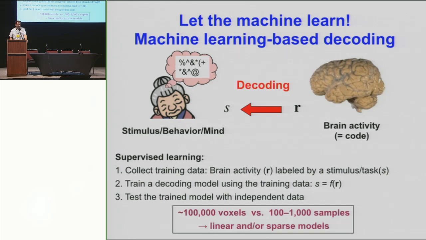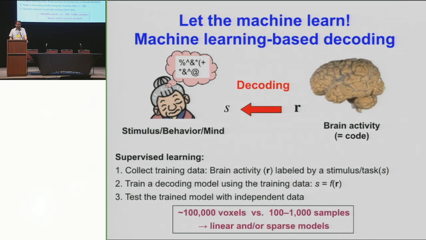The first step is to collect training data for machine learning. We have brain activity patterns as input, and the output is the stimulus or task parameter. So we label brain activity by some stimulus or task parameter. Even with the identical experimental task, we can have different ways of labeling it, and that makes it interesting to interpret what the brain is doing.